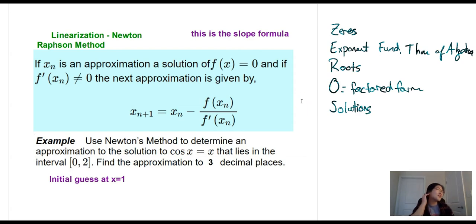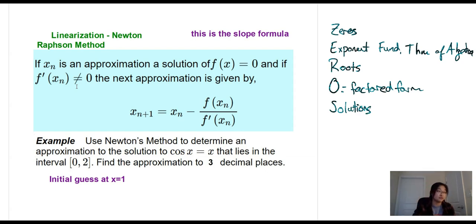So when we're looking at f of x equals 0, and our derivative at our initial approximation of our solution is not equal to 0, so we don't have a horizontal tangent line, our derivative is not going to be just a slope of 0.